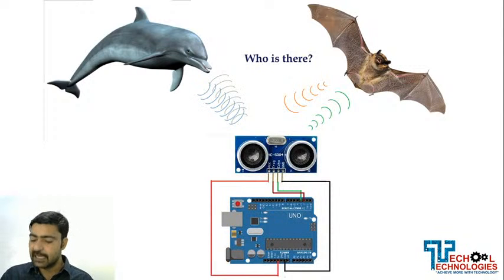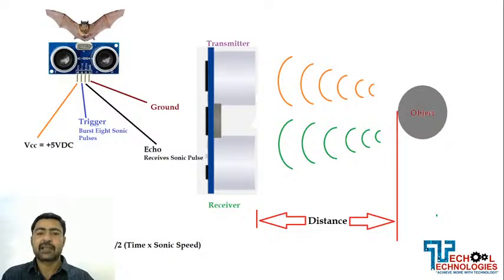Anyways, as you are seeing here, we have this ultrasonic sensor, which has 4 pins. 2 pins are there to power it. One is ground, the far right pin, the fourth pin, and the first pin is for giving 5 volt DC. These 2 pins will be used to power this ultrasonic sensor.